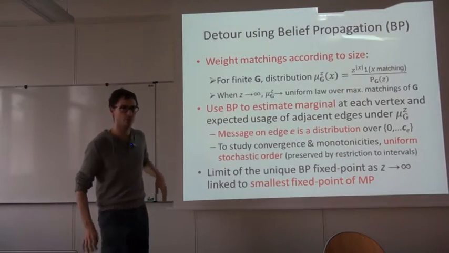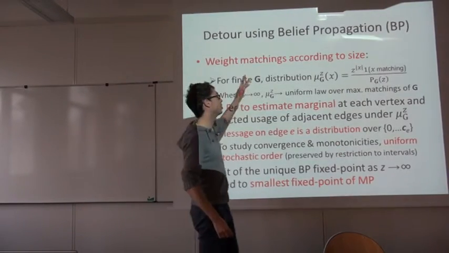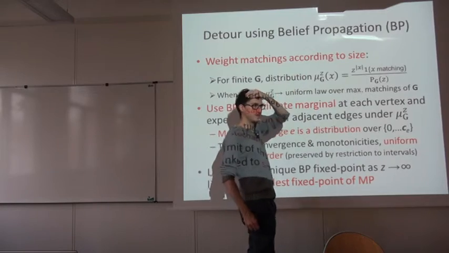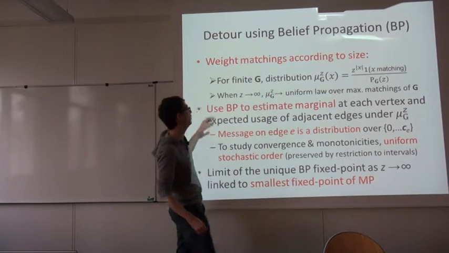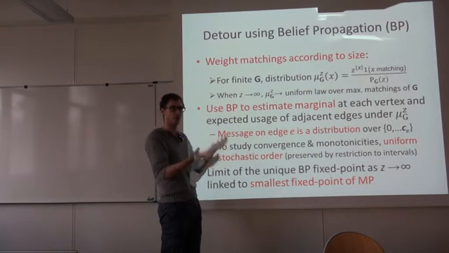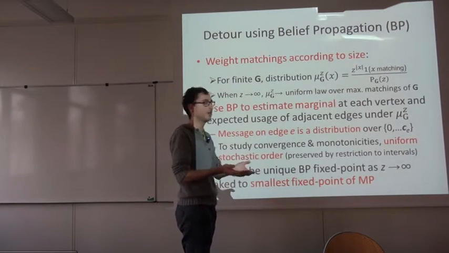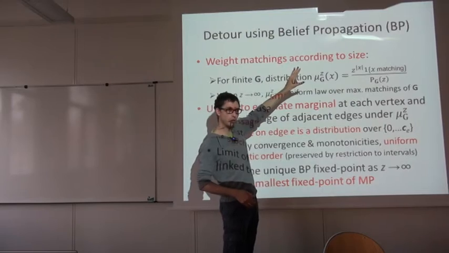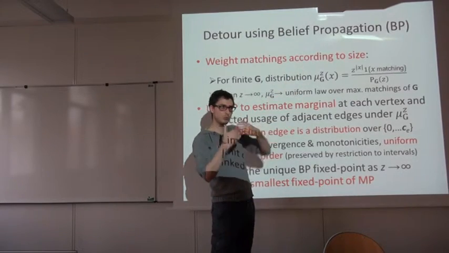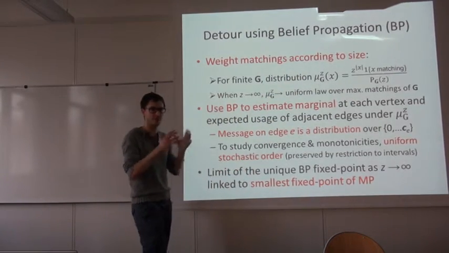And for that, we use a second message passing algorithm, which comes from statistical physics. It's called belief propagation. Basically, instead of just considering the maximum matchings, we are going to consider all the matchings, but we are going to weight them according to their size.